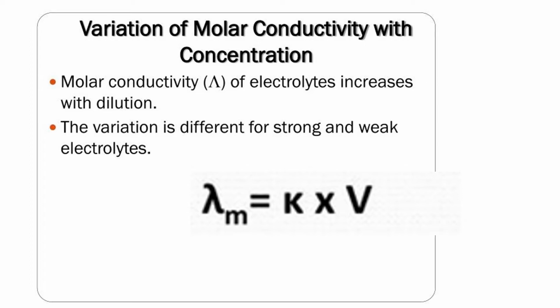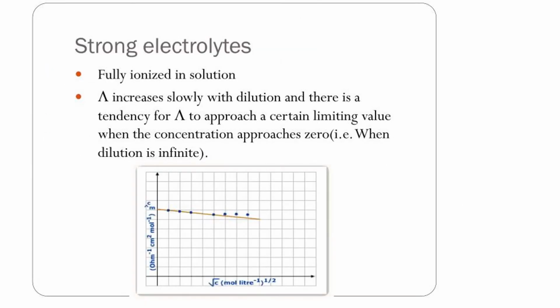So the specific conductance decreases and the volume increases, and the product of these two gives the molar conductance. So we can see that the molar conductance increases on dilution.